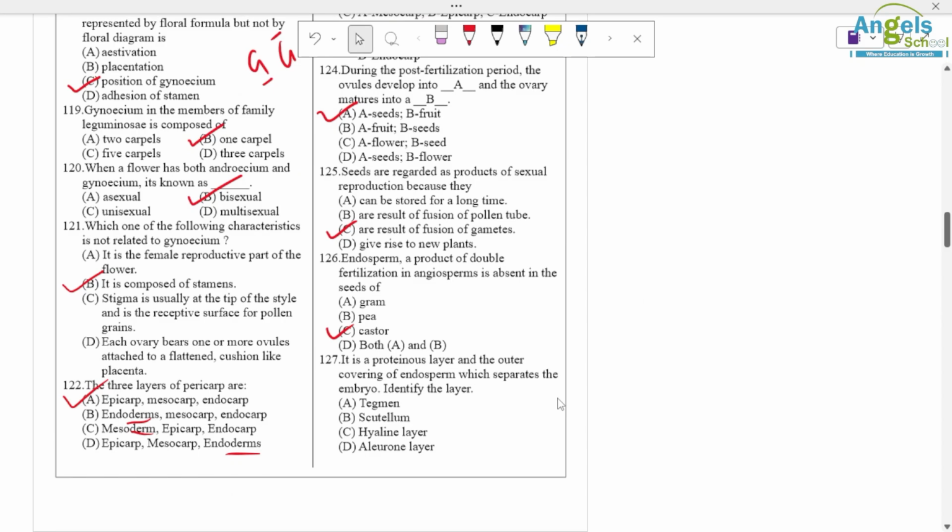It is a proteinous layer and outer covering of endosperm which separates the embryo. Identify the layer. So it is the aleurone layer.